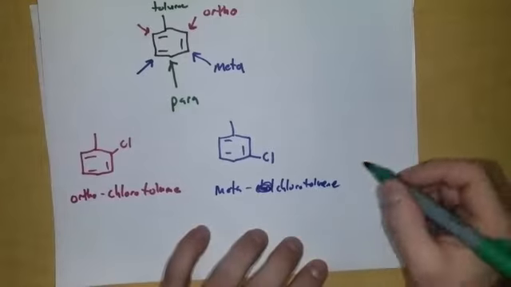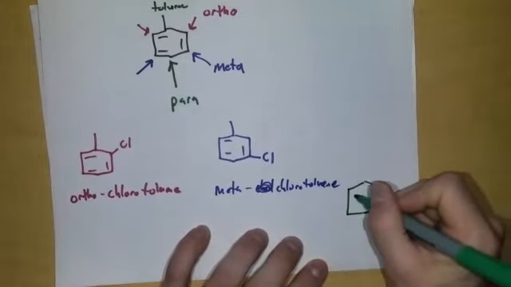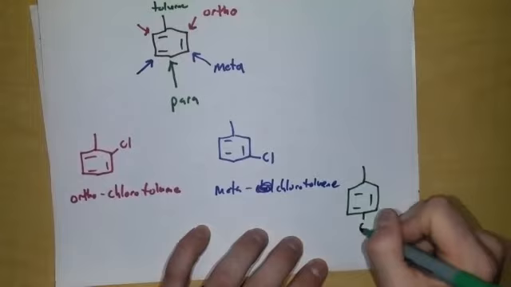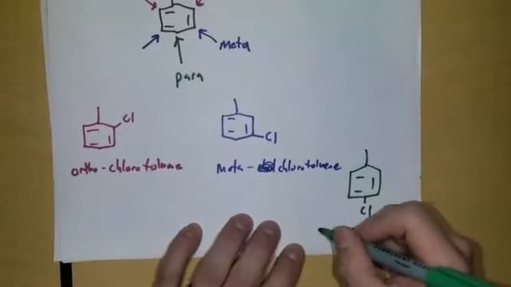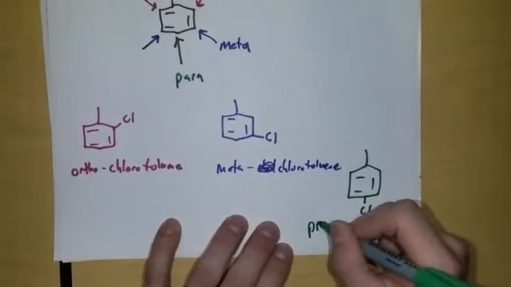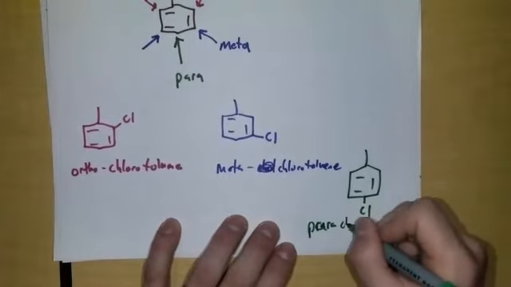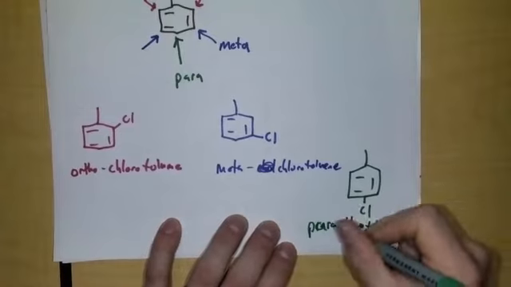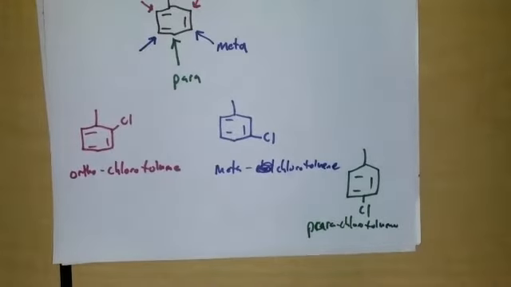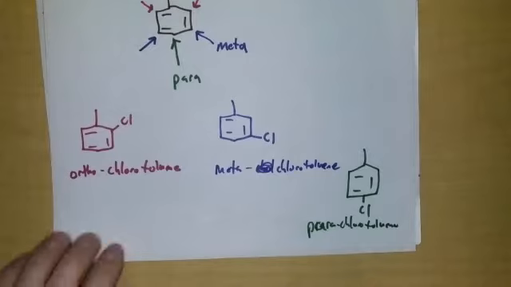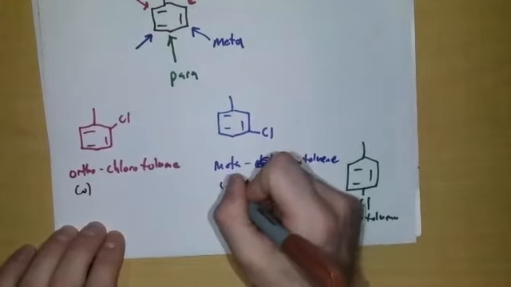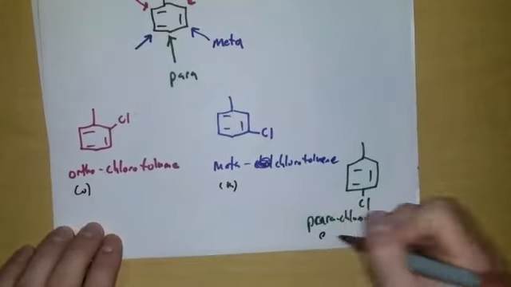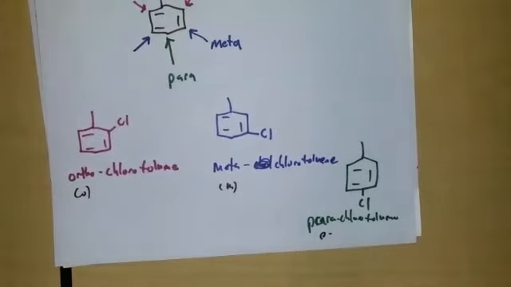And putting it on the bottom position would give me parachlorotoluene. These are often abbreviated to just O, M, and P. So you'll also see that a lot. No space between chloro and toluene for this one.